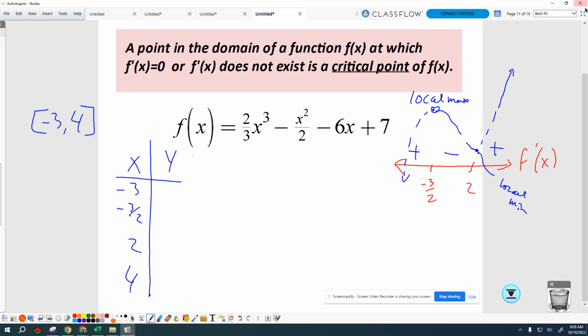Doing that, at negative 3, I'm undefined. At negative 3, it's 2.5. And negative 3.5 is 12.625.